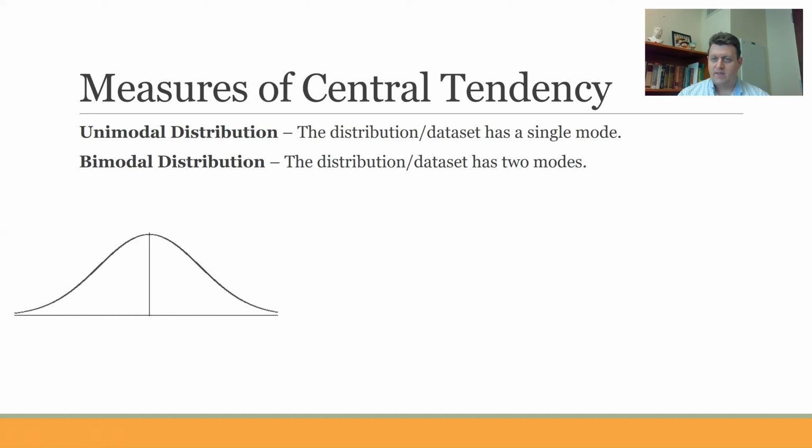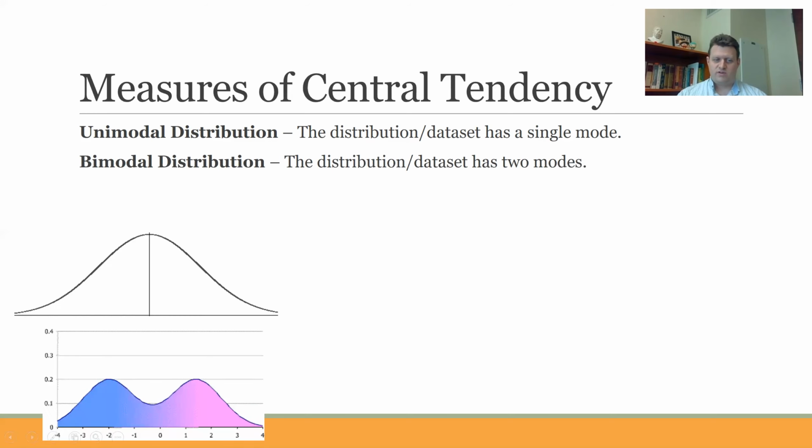We could have a bimodal distribution. All right, bi, like bicycle, means two. So this is a data set that has two modes. So here's an example here. We have one mode centered around -2 and one mode around 1.5, whatever our dependent measure is here. But I don't want you to take, when we describe distributions like this, a literal interpretation of mode.